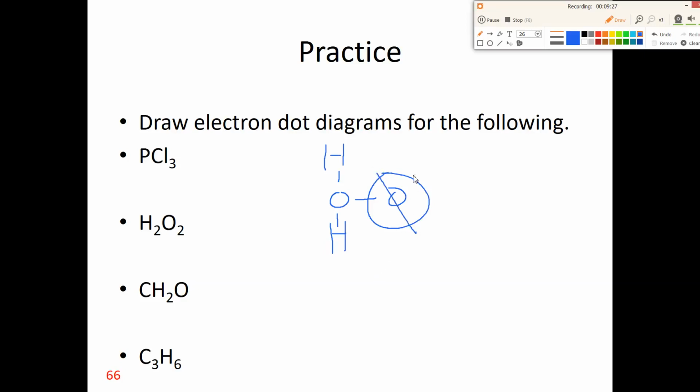That's not right. This oxygen is central too. So you need to have at least 2 bonds linked to both oxygen. That's why we call it central atom. So something like that. So you can draw it a little bit better way.